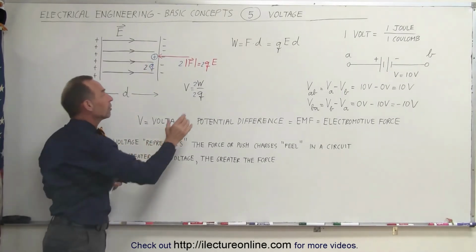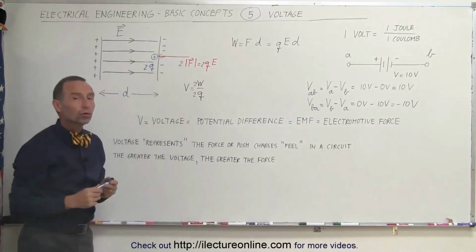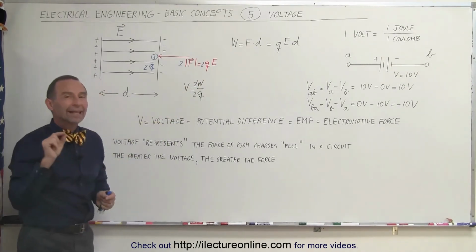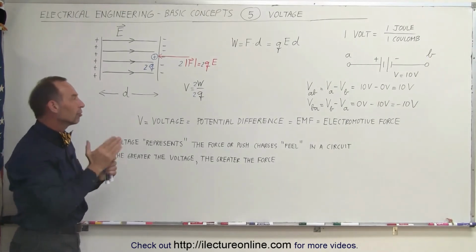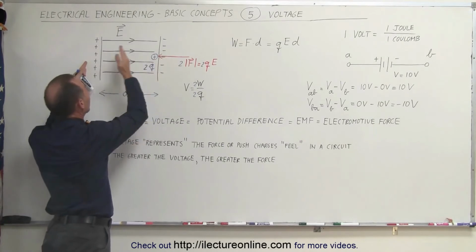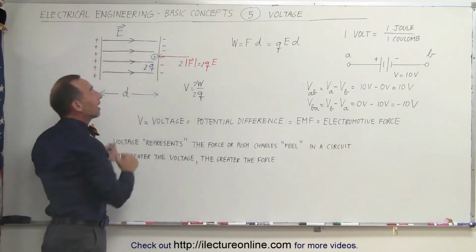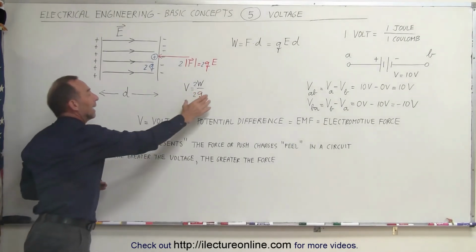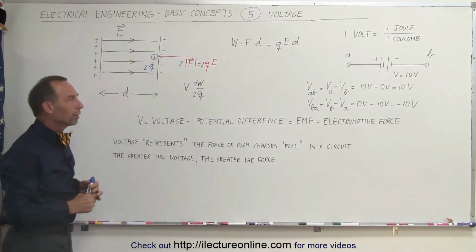So it's always the ratio of the amount of work done divided by the charge used, and regardless how big we make that charge, that ratio is always the same, and that is then defined as the voltage. It's the work done to get a charge across from the negative charge to the positive charge, through an electric field, divided by the charge required.